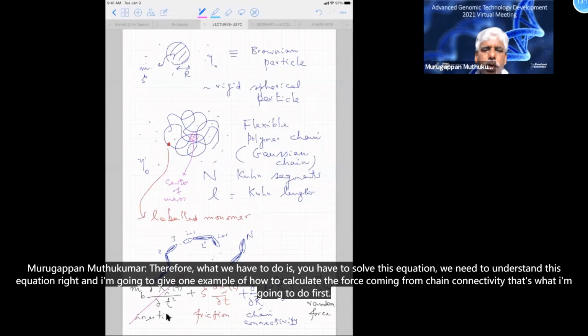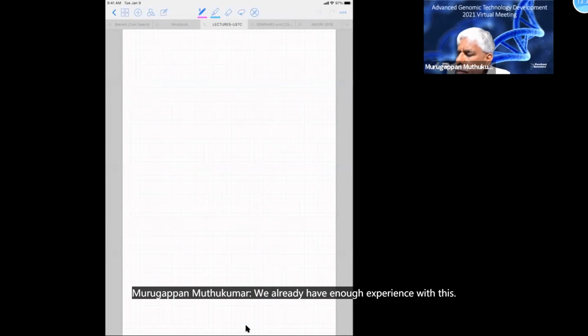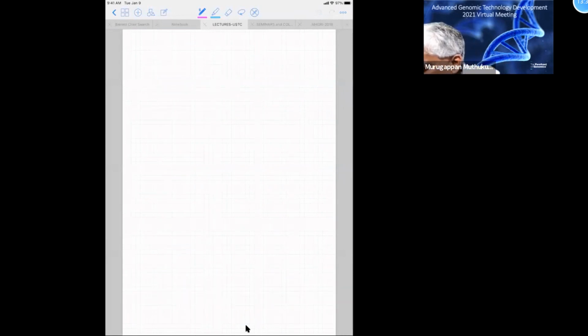Therefore, what we have to do is solve this equation. We need to understand this equation, right? And I'm going to give one example of how to calculate the force coming from chain connectivity. That's what I'm going to do first. Okay, and how do we do that? We already have enough experience with this.